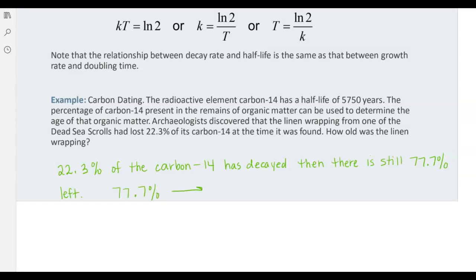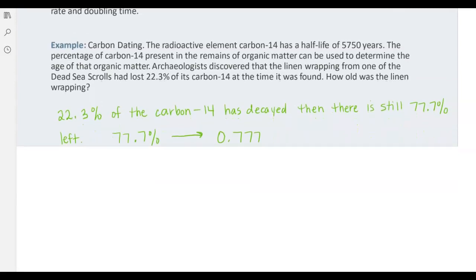If I change that to a decimal, that's going to be 0.777. I'm writing it that way because I don't know how much of this compound I started with, but I know that right now what I'm left with is 77.7% of it.